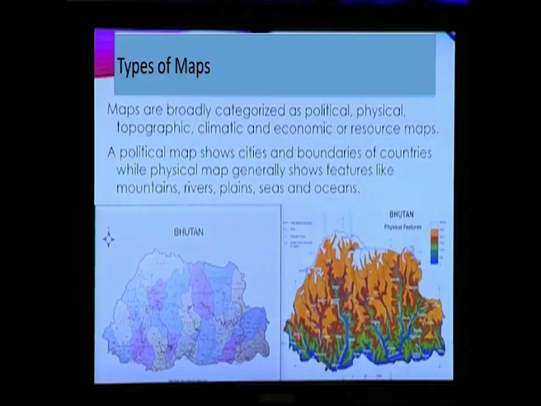It shows different places or different zongkhaks of our country with all the boundaries. The next map is also Bhutan and here this map is a physical map. It shows rivers, mountains, plains and it also shows valleys of our country.